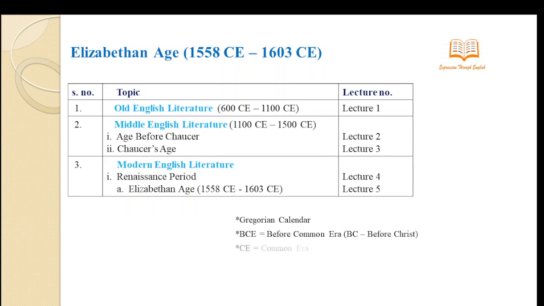Previously we had terms like BC, before Christ, and now we have got the neutral term BCE, before Common Era. And for AD, which is Anno Domini, meaning in the year of the Lord, we have another neutral term, that is CE, meaning Common Era.